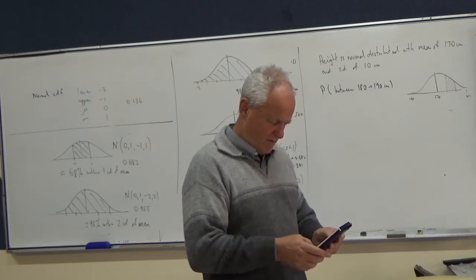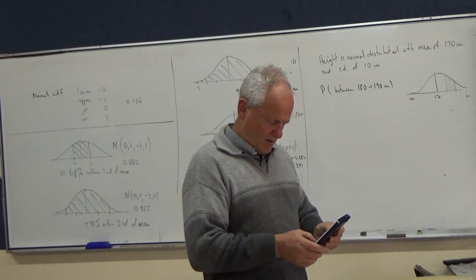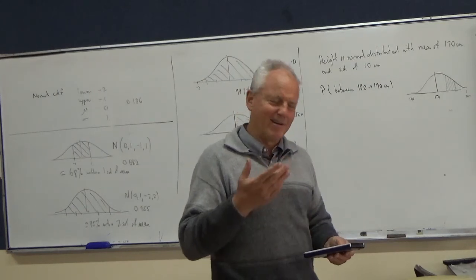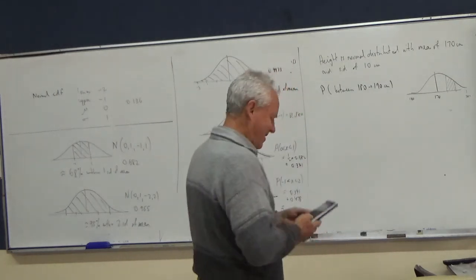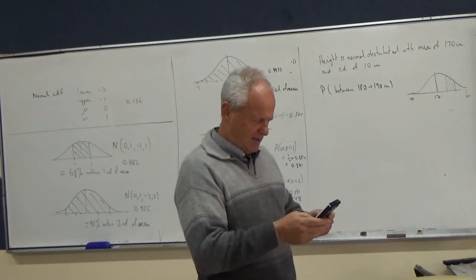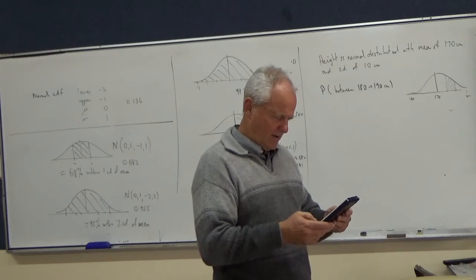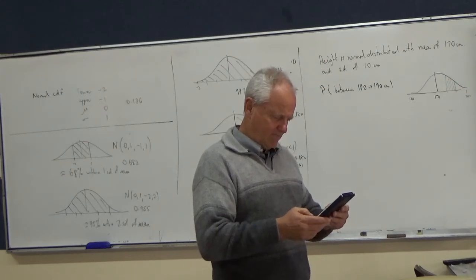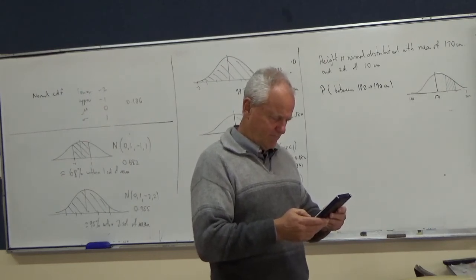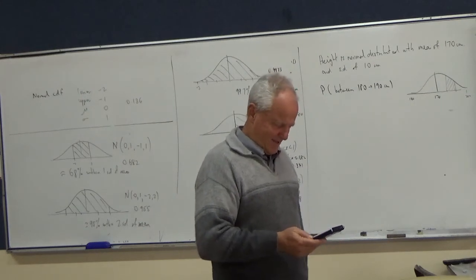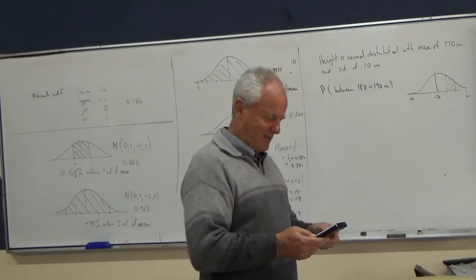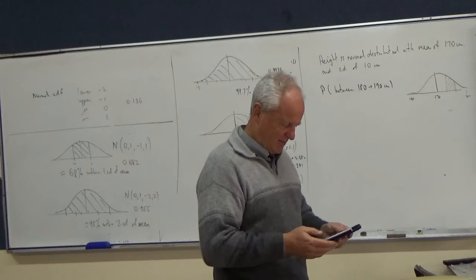170, 10, and I was going to do something else with you, but let's just get the answer. Done it wrong again. Somehow I filled in 70 rather than 170. Okay.